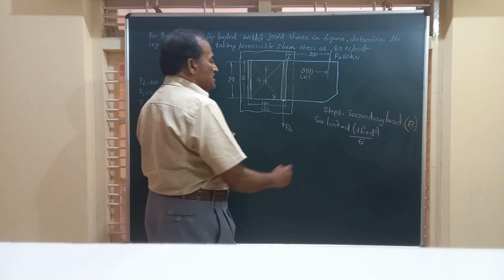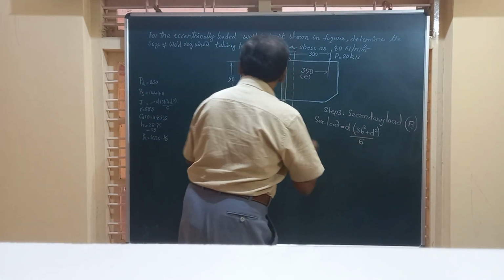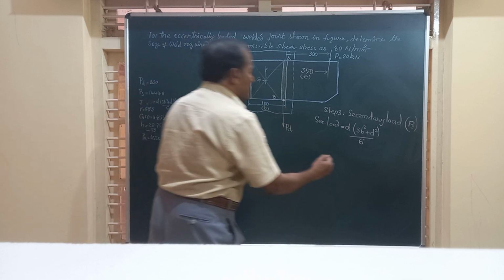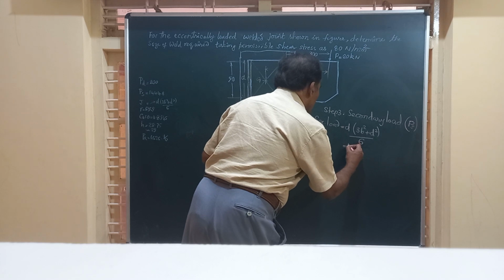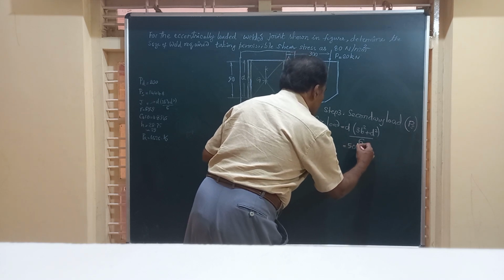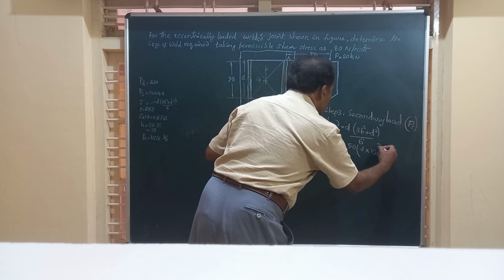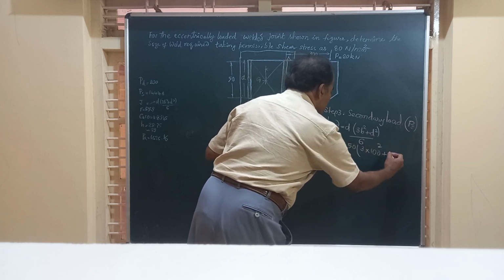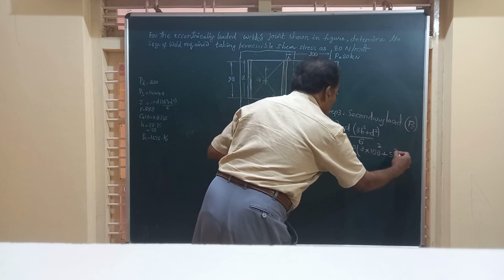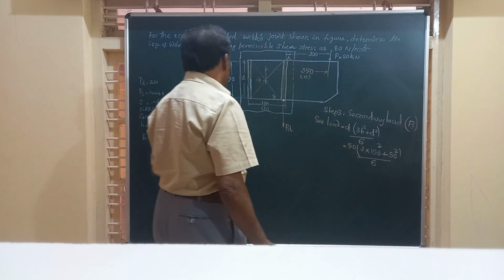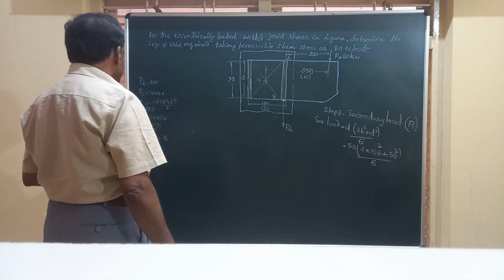Here D is the depth, that is the length of weld in this case. This is 50 and B is 100. So it is 50 multiplied by 3 times 100 square plus 50 square, divided by 6. This is the value of J.